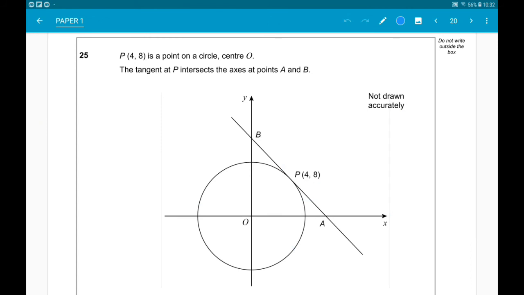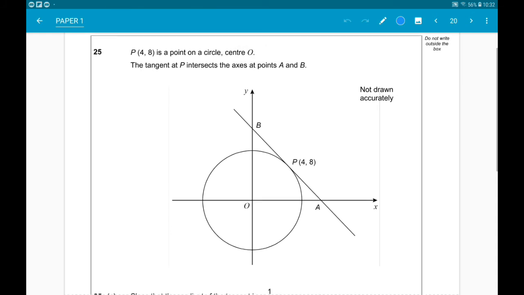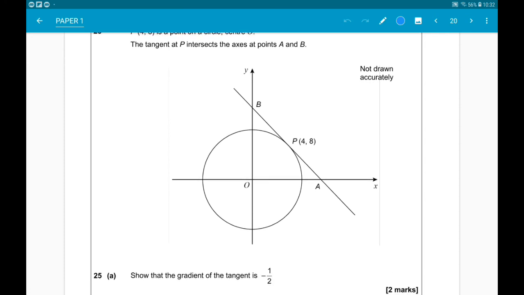Okay, number 25, we have equations of tangents. So I do have a playlist on this linked down below. So we are told P48 is a point on the tangent to a circle centre O. The tangent at B intersects the axes at point A and B. First thing we need to do is show that the gradient of the tangent is minus 1/2.